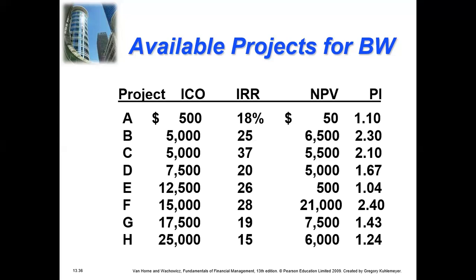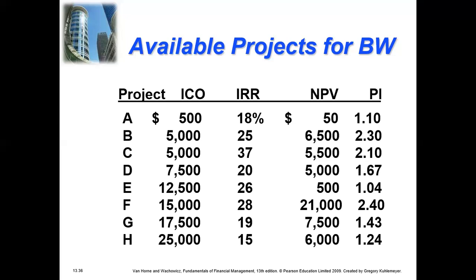We have a maximum of 32,500. Now we can see after 28, here we have project E. Project E has an IRR of 26%. This is the third highest IRR: project C, project F, and then project E, 12,500.